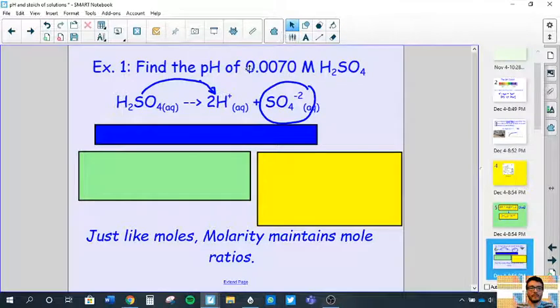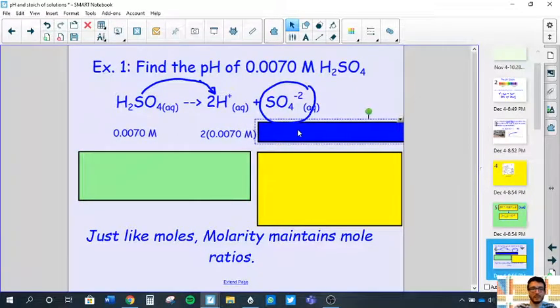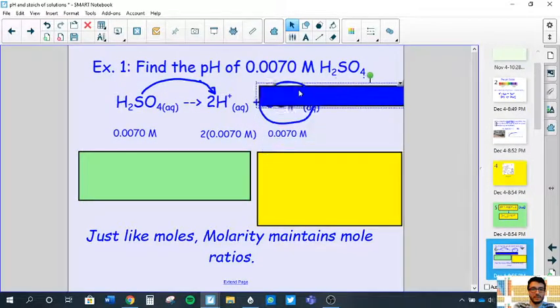Okay, it also says that we have a concentration of 0.007 moles per liter. We can figure out in a 1-to-2 ratio what that means. So 0.007, multiply that by 2 because it's a 1-to-2 ratio, gives us this.